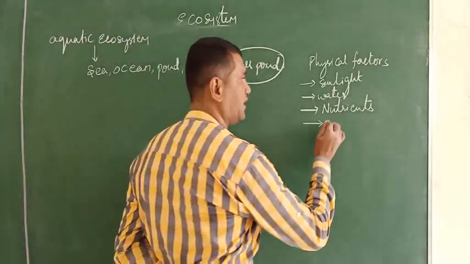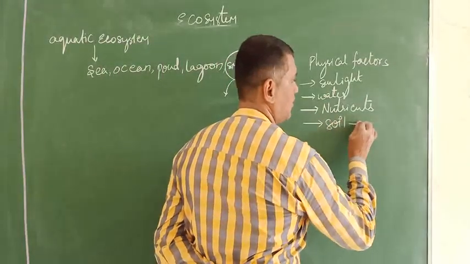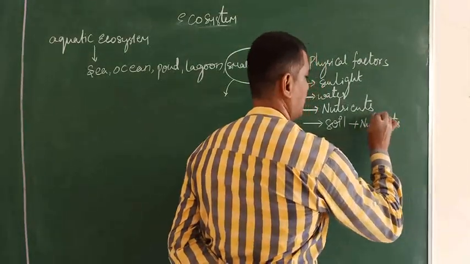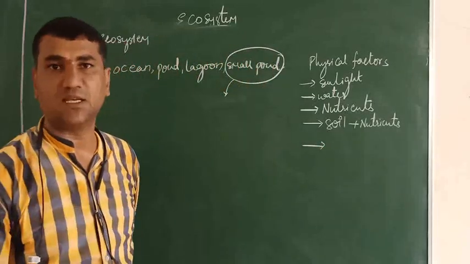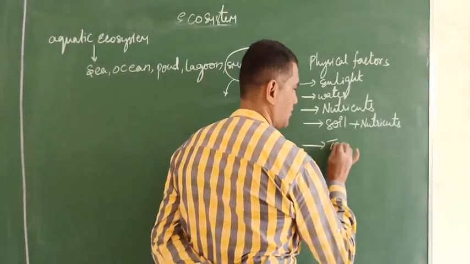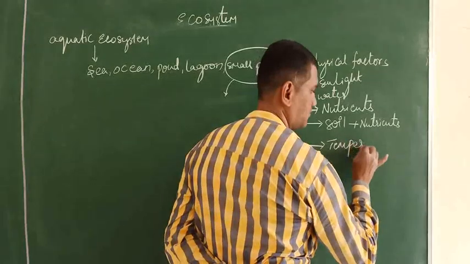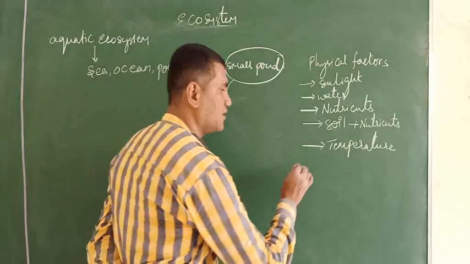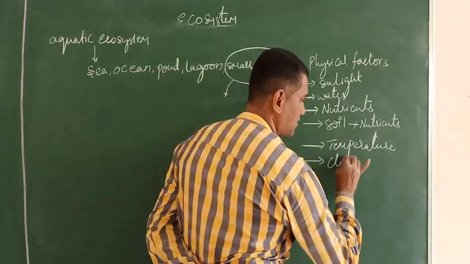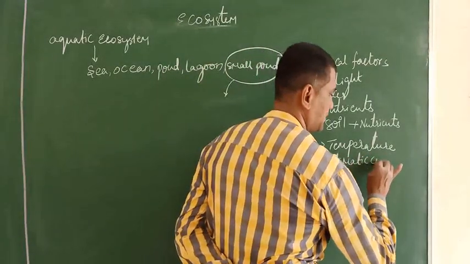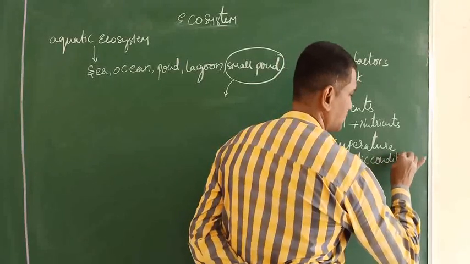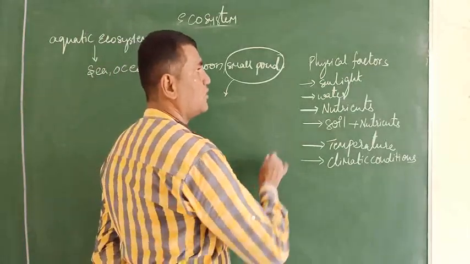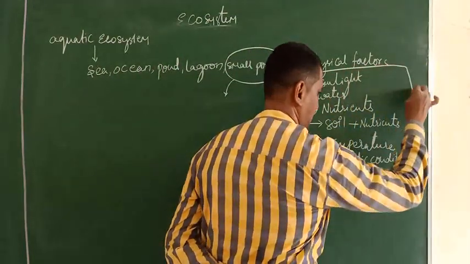Fourth is the soil, where the nutrients are present. Fifth is the maintenance of temperature. Sixth is climatic conditions. So these are all the physical factors.